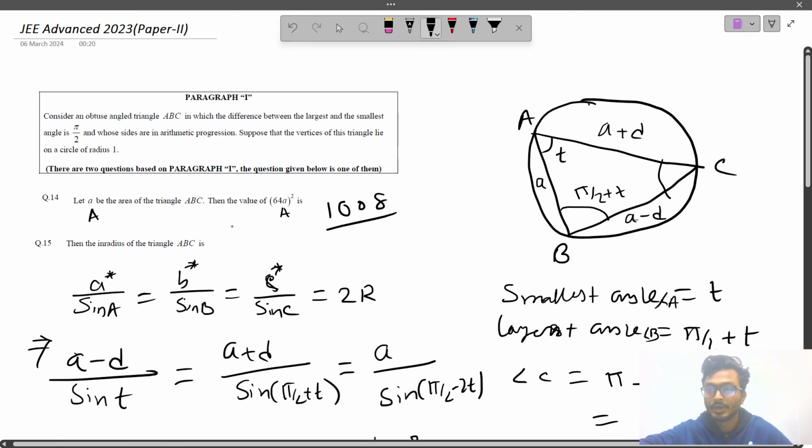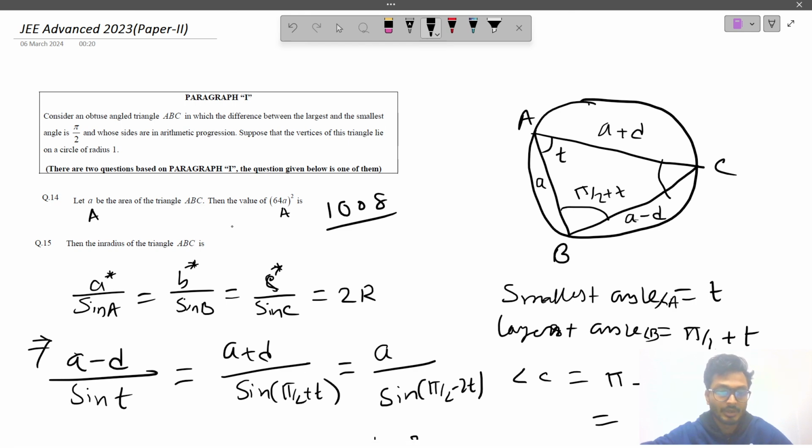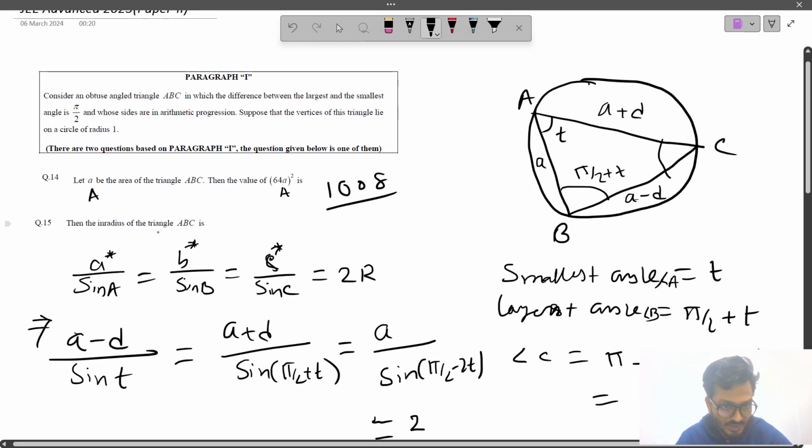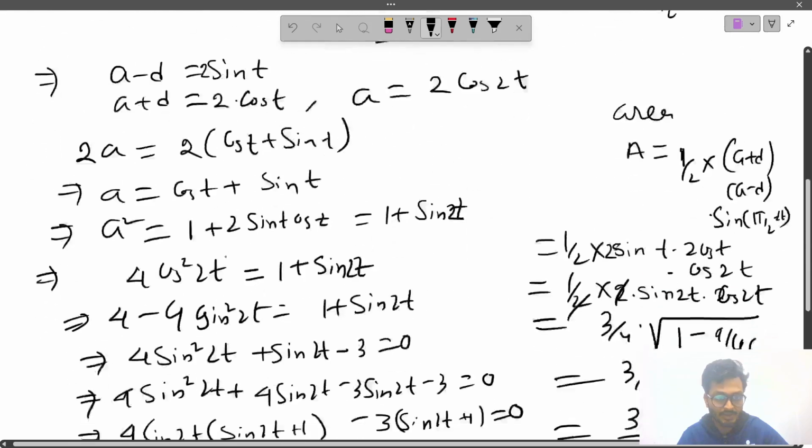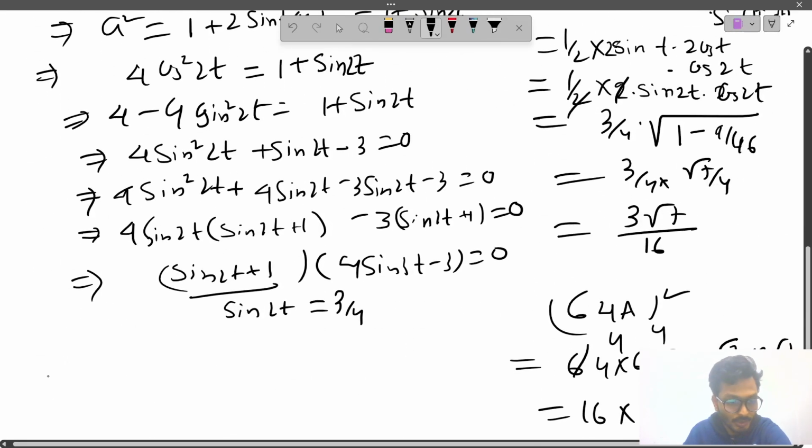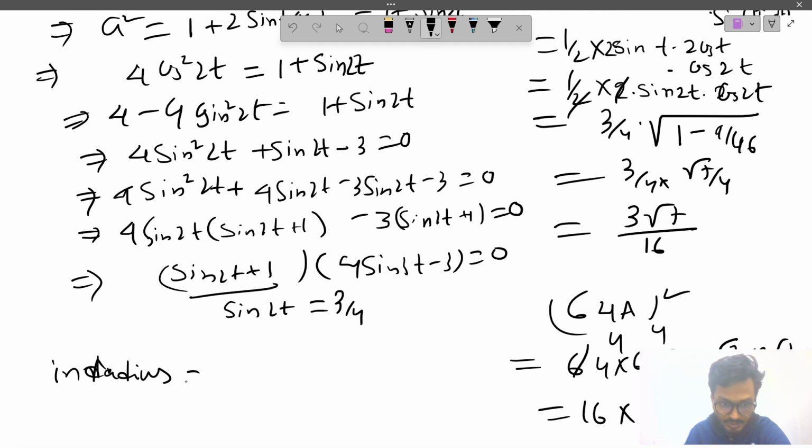Now what will be for the next? So next we have to find the inradius of the triangle ABC. So the inradius formula is nothing but r equals the area A divided by s, which means the perimeter by 2, right?